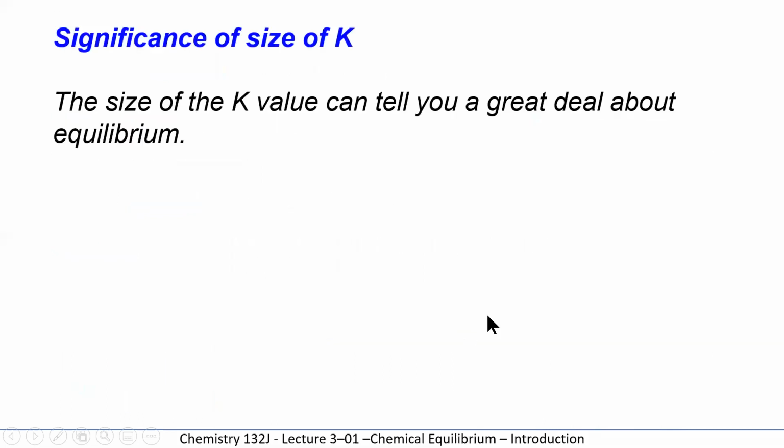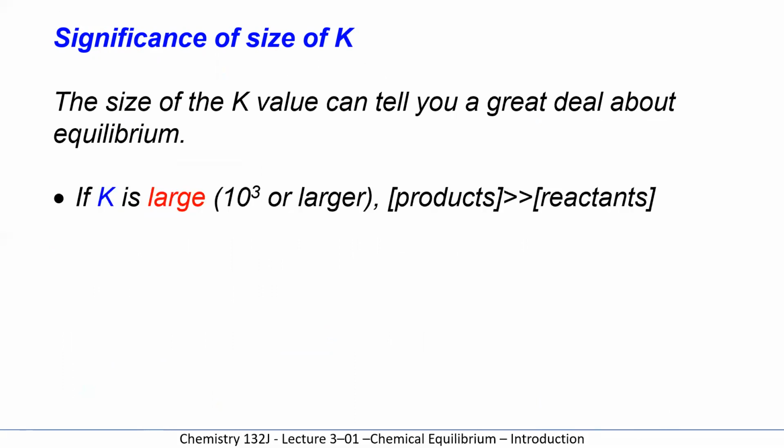Now, the significance of the size of the equilibrium constant K. The size of K tells us a great deal about the ratio between the quantity of products, the materials on the right, versus the materials on the left, which we traditionally call reactants. If K is very large, it means it's product favored. It means there's way more products at equilibrium than reactants.